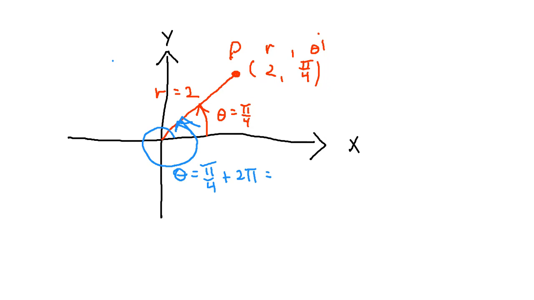And 360 degrees is 2 pi. 2 pi is 8 pi over 4. That gives you 9 pi over 4. So another possible polar coordinate for point P is (2, 9 pi over 4). So polar coordinates identify a point in the xy plane, but unlike rectangular coordinates, they're not unique. You can have an infinite number of polar coordinates for any point in the xy plane.